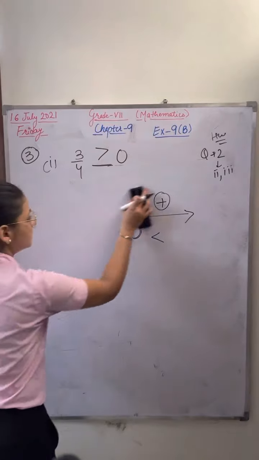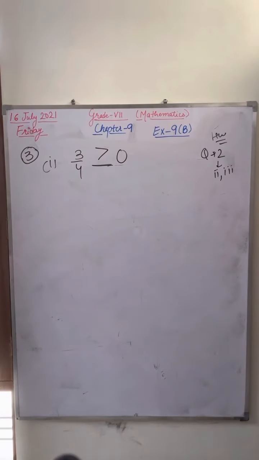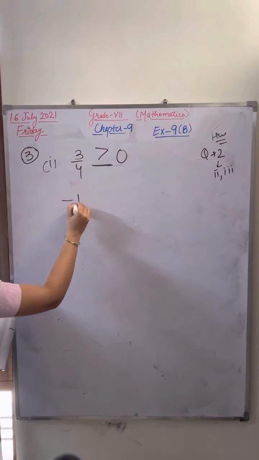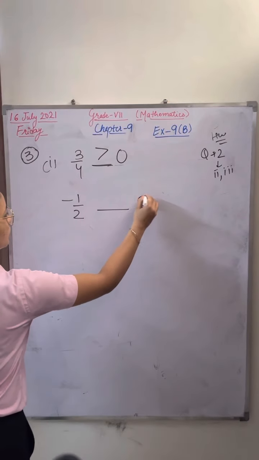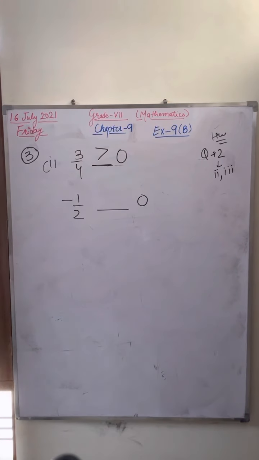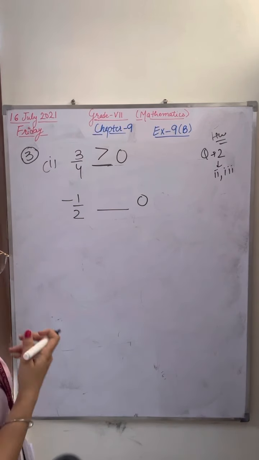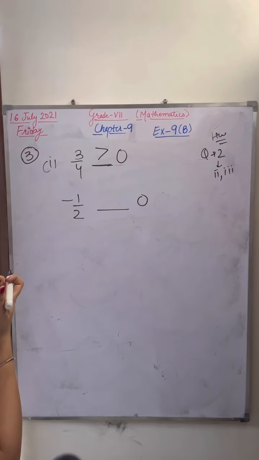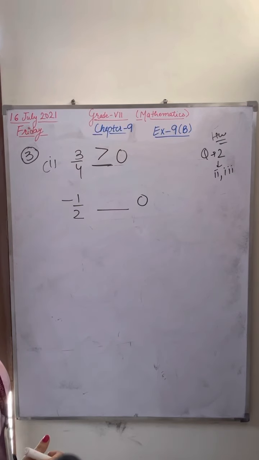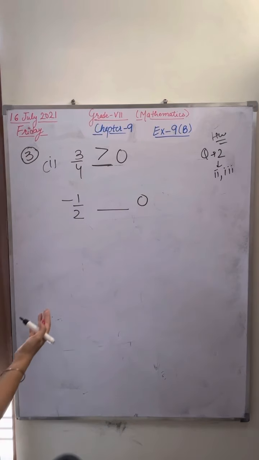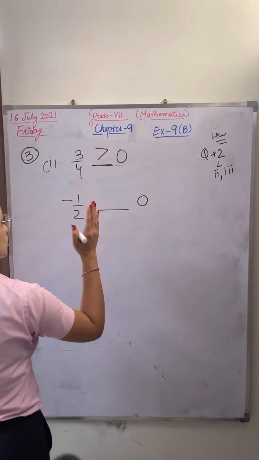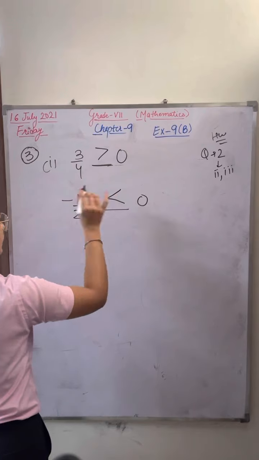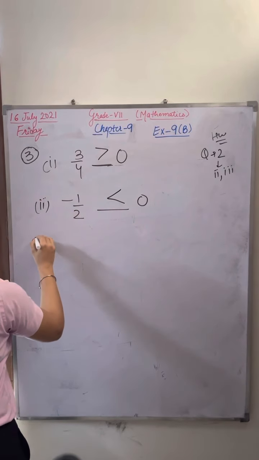Now second part, minus 1 by 2 and 0. Which is bigger? Very good. Prathit, are you getting the concept? What I told right now, is 0 bigger or is this bigger? So this is negative, and I told you that 0 will be bigger than the negative value.